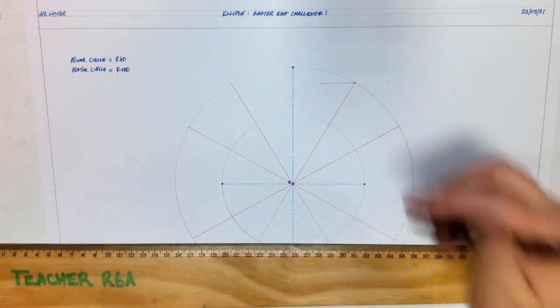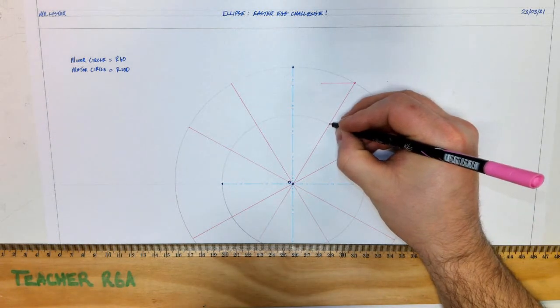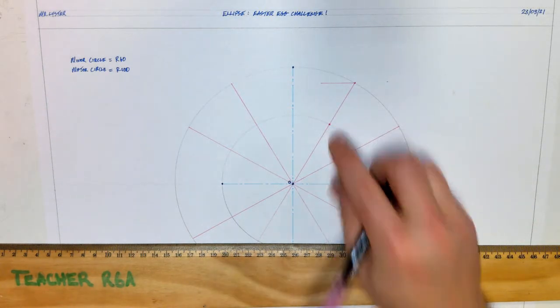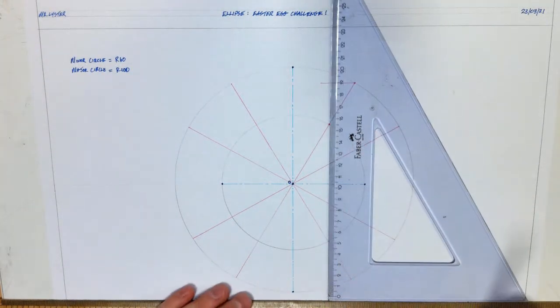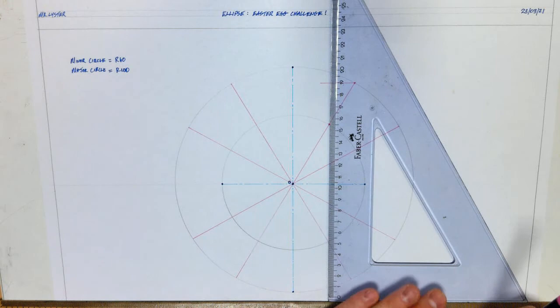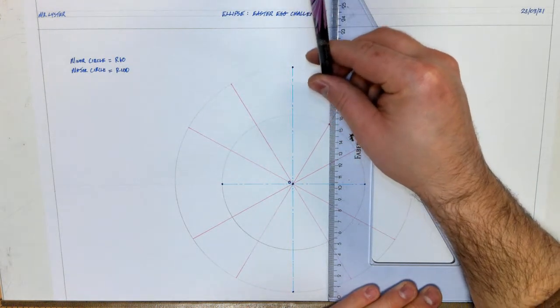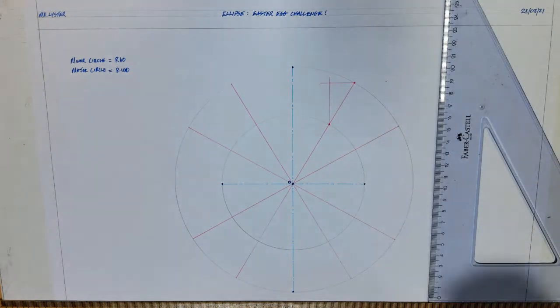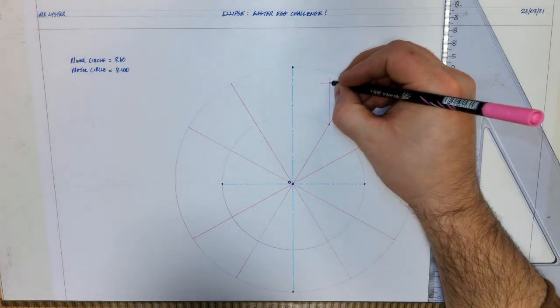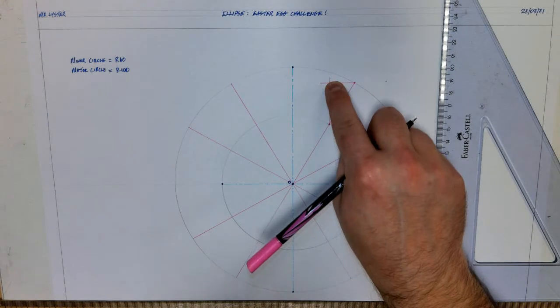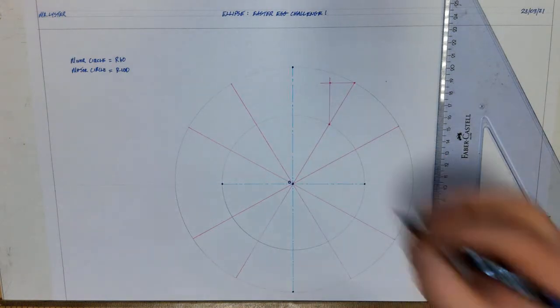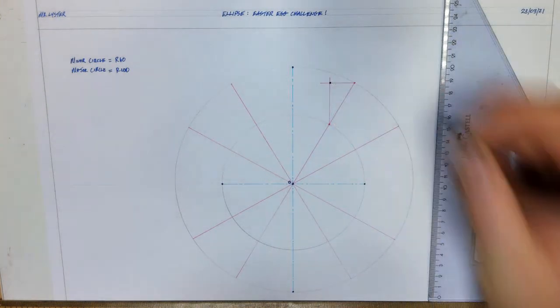Okay, where that same 60 degree line hit the minor circle, here I draw, using my t-square and set square together, a vertical line straight up from that point to intersect the previous line. So we have a horizontal line from the outside, a vertical line from the inside, and what they give us is a point on the ellipse.